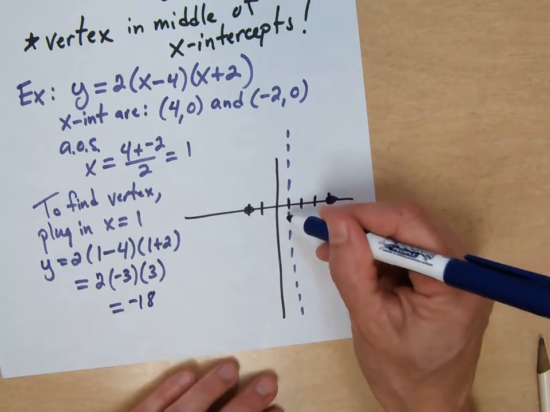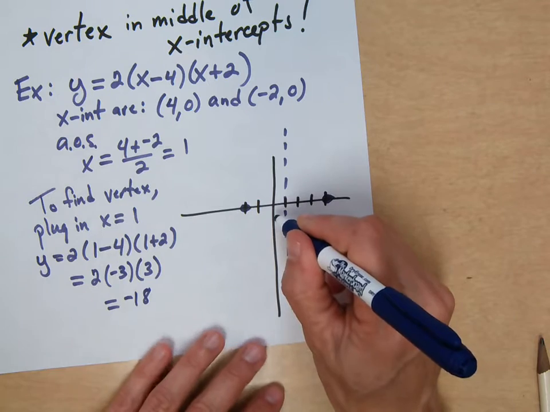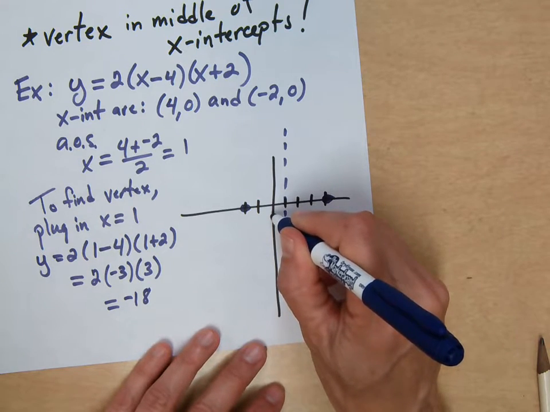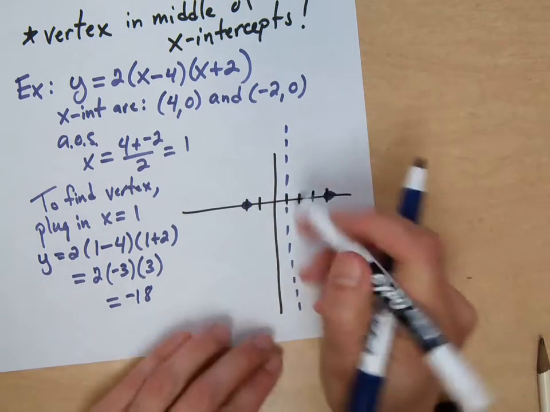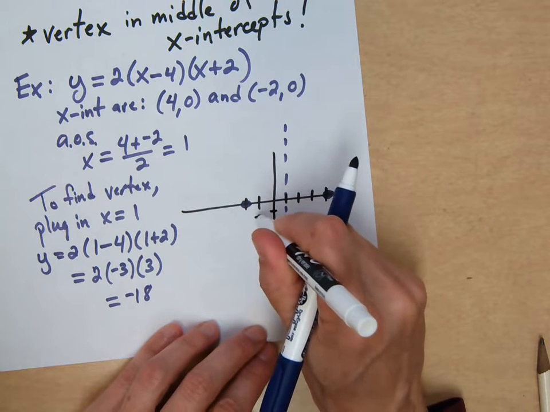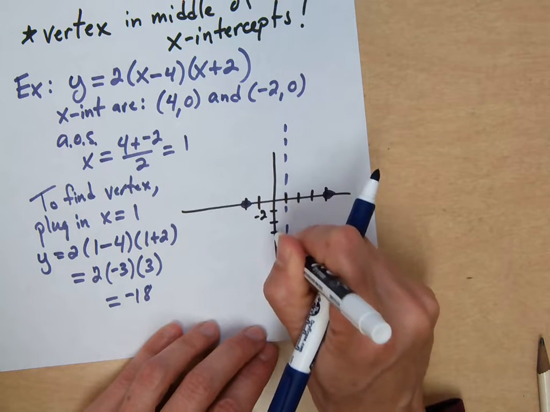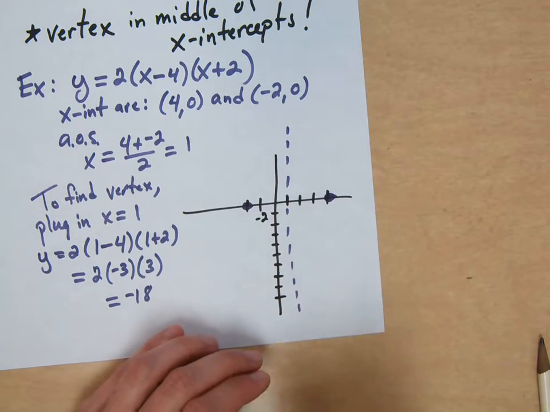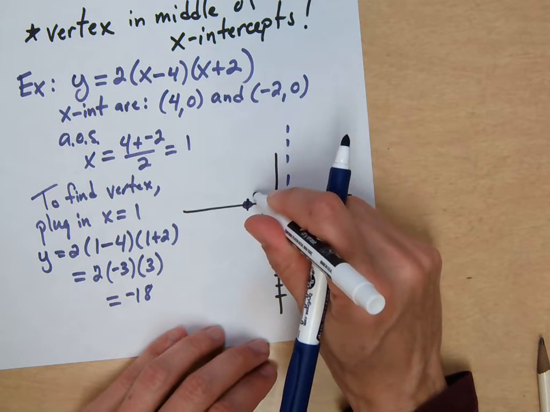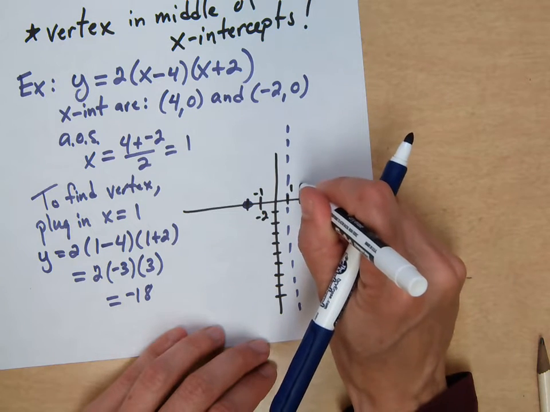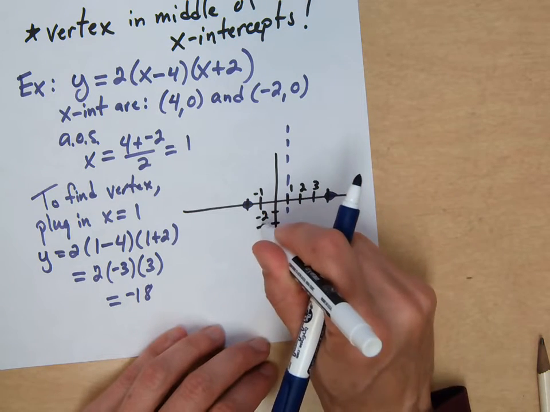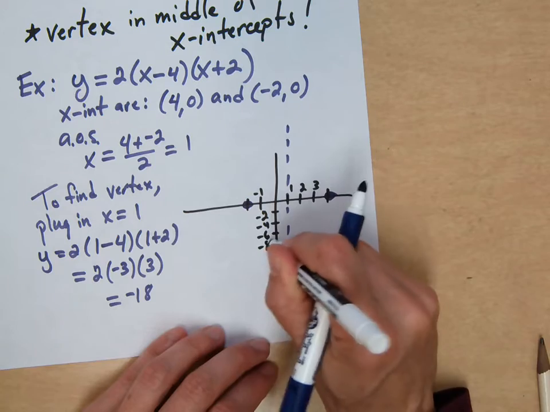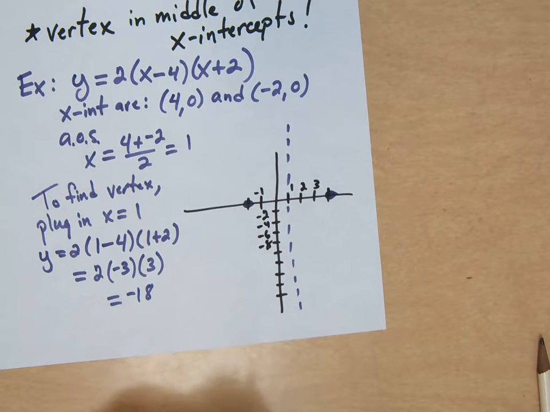So we get to scale this however we want. We'll go by 2's: negative 2, negative 4, negative 6, 8, 10, 12, 14, 16, 18. So we'll go by 1's on the x-axis and by 2's on the y-axis.